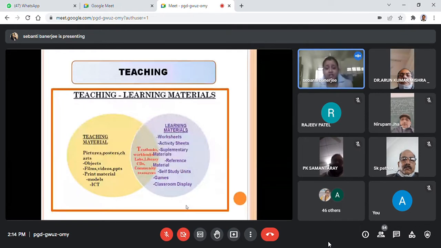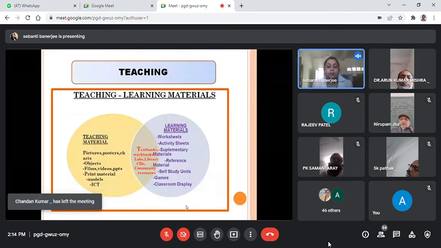There are various types of teaching aids used by the teachers and the students. In this Venn diagram, one side has all the TLMs used by the teachers. For example, pictures, posters, charts, objects, films, videos, PPTs, print material, models, and ICT. ICT is Information and Communication Technology.